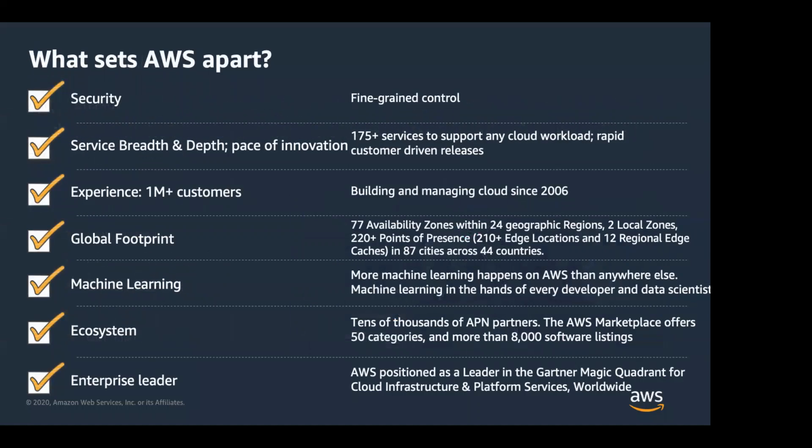From that aspect, one of the things that AWS is very mature in is the security posture. Nothing starts without a consideration for security when it comes to any of the AWS services design.